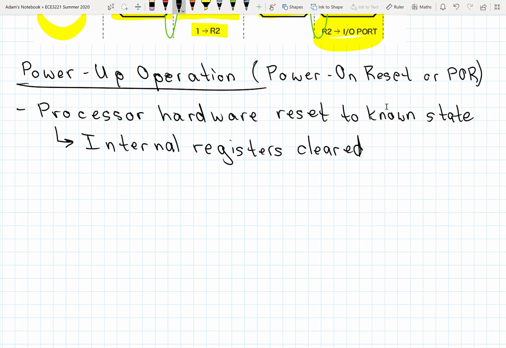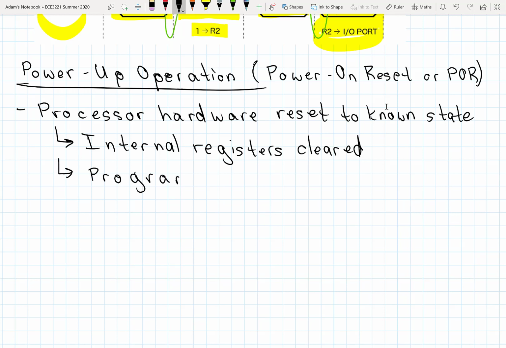If you look at the PIC microcontroller's documentation, every register within the device will have a default state shown over the register that says this is what its power on reset state will be.